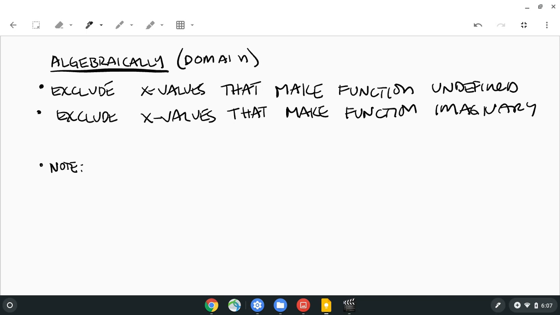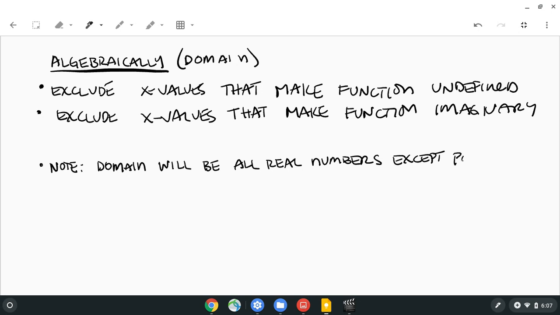Domain, for the most part, will be all real numbers except possibly when you have radicals or fractions.